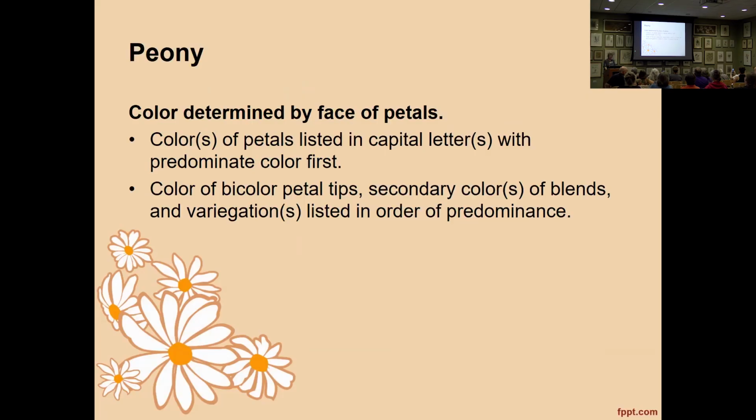So in a peony, the color is determined by the face of the petals. The colors are listed in capital letters with the predominant color first. The color of bicolor petal tips, secondary color of blends, and variegations are listed in order of predominance.